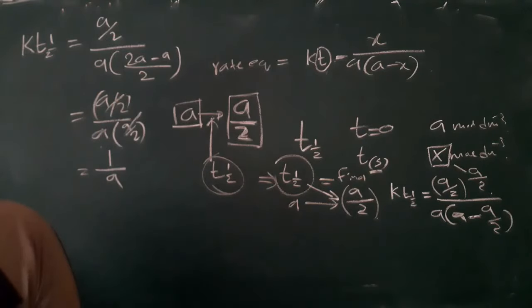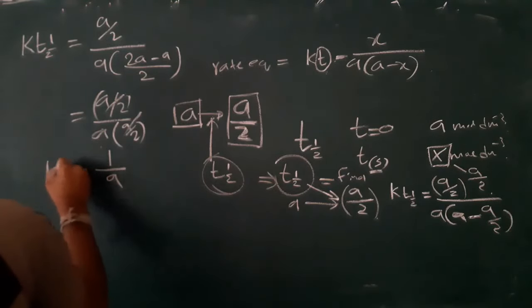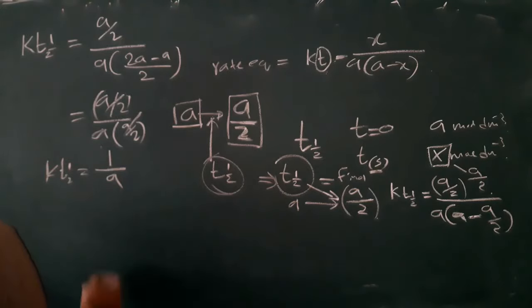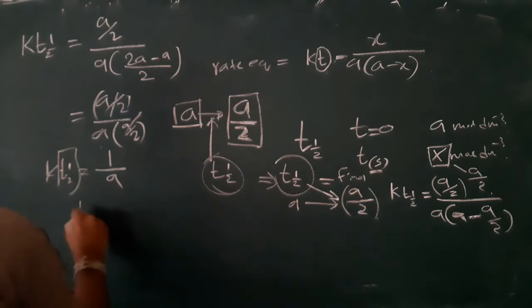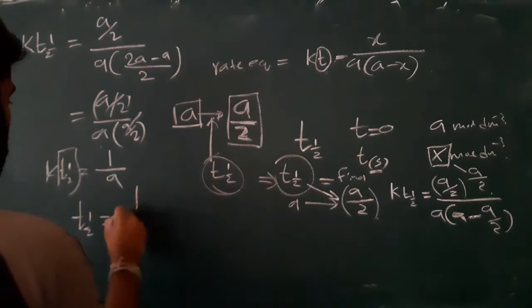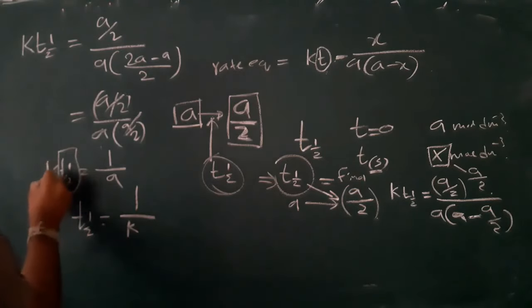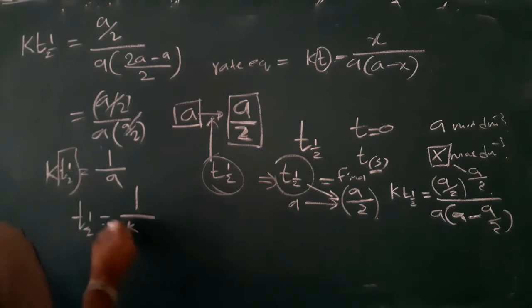Both will cancel out, and here we have kt half. So we need an expression for t half. So t half is equal to 1 over k a, since multiplication becomes division on the right side.